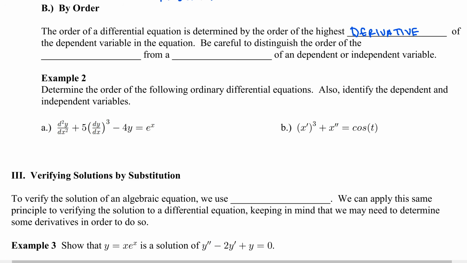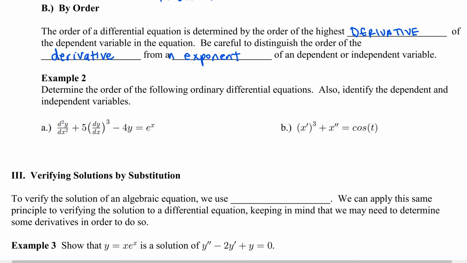It's important to recognize that we're talking about the order of the derivative, not an exponent. So be careful to distinguish the order of a derivative from an exponent of a dependent or independent variable.